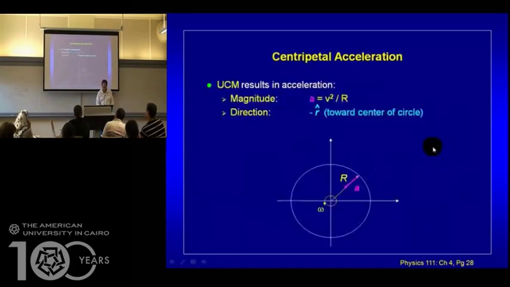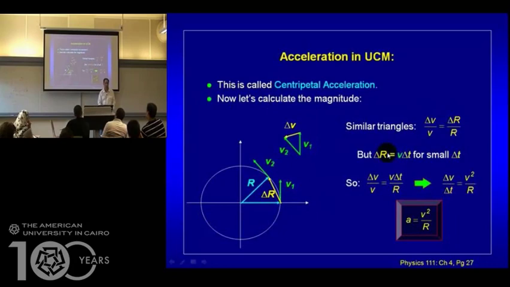What is the physical meaning of delta R? Which is change in the position, which is displacement. So actually delta R is the velocity times delta T. It's V times delta T. So I'm going to replace delta R by its value, V times delta T in here.